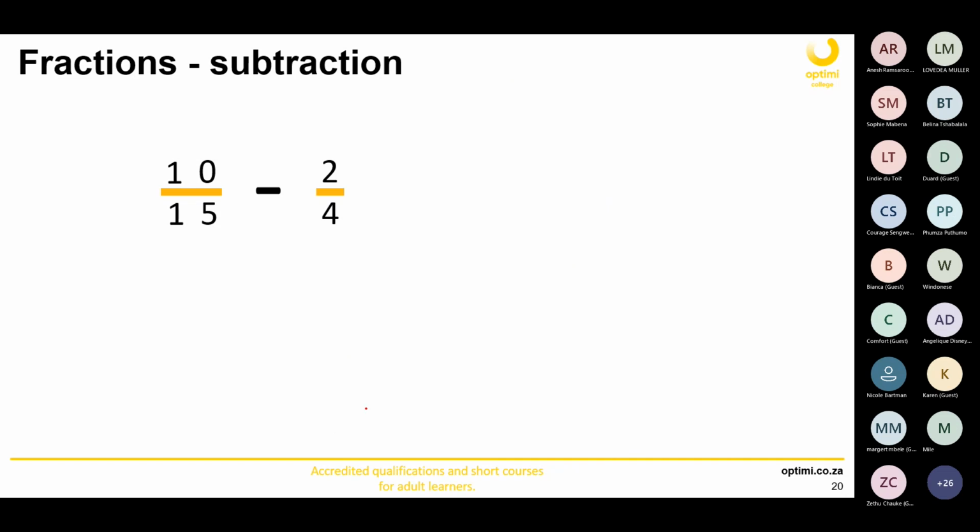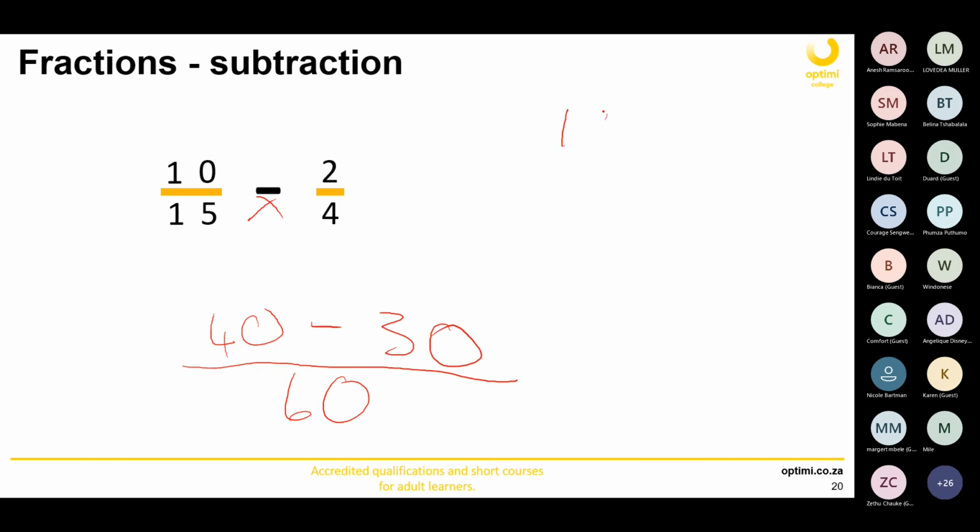Get a common denominator. 15 times 4 is 60. 10 times 4 is 40. 2 times 15 is 30. 40 minus 30 is 10 over 60. Divide both sides by 10. It becomes 1 over 6.